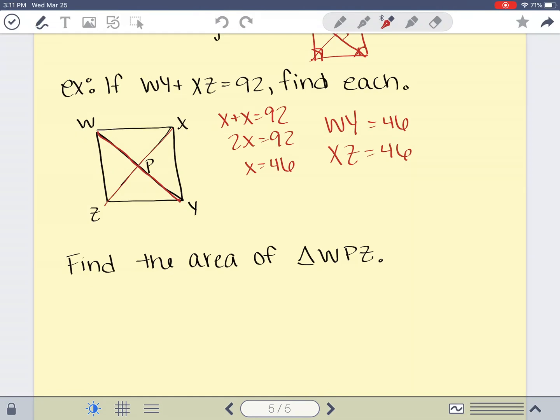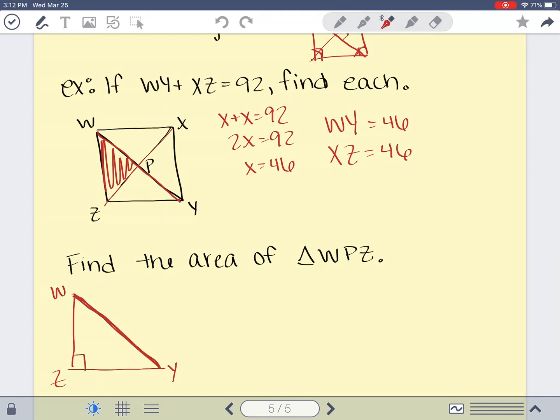The next piece says to find the area of triangle WPZ. So WPZ is this triangle right here. Now if we are looking, we see the big triangle right here of WZY.